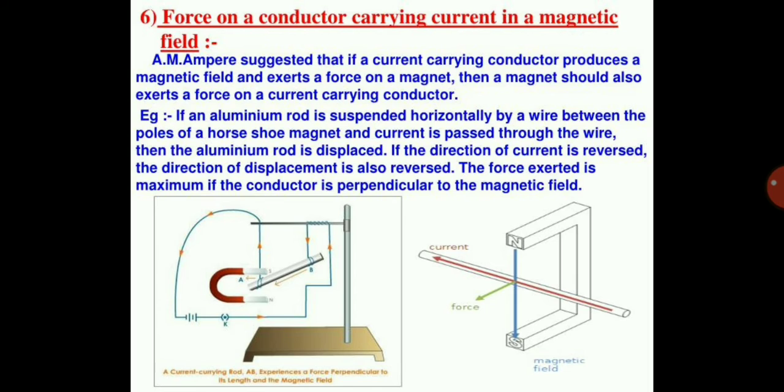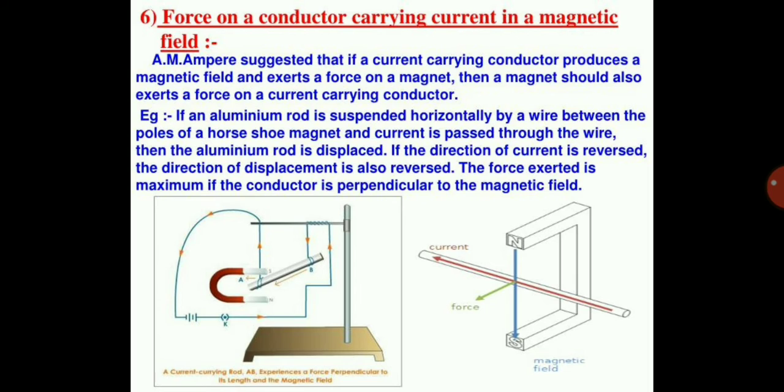A.M. Ampere suggested that if a current carrying conductor produces a magnetic field and exerts a force on a magnet, then a magnet should also exert a force on a current carrying conductor. Means what he said, if the conductor which you have taken produces a magnetic field, correct?